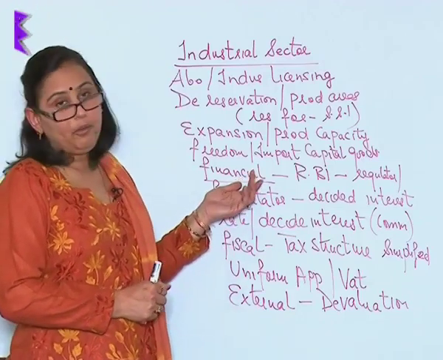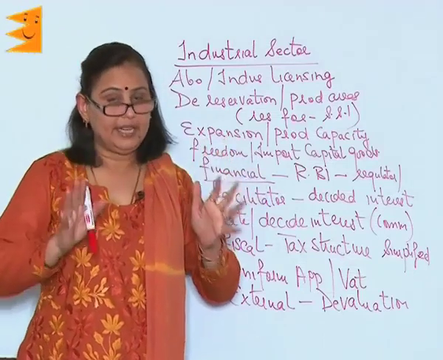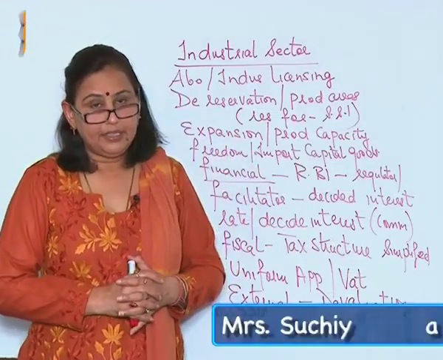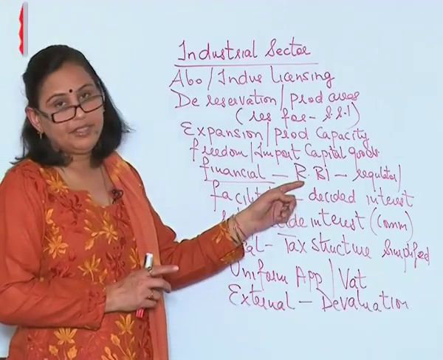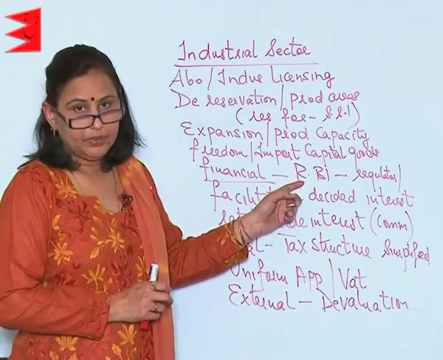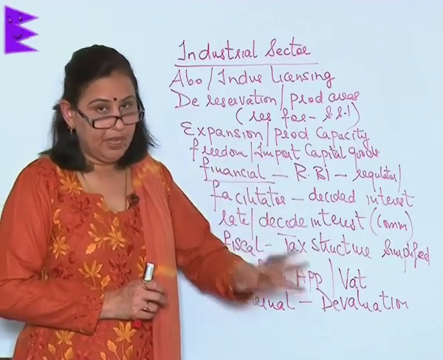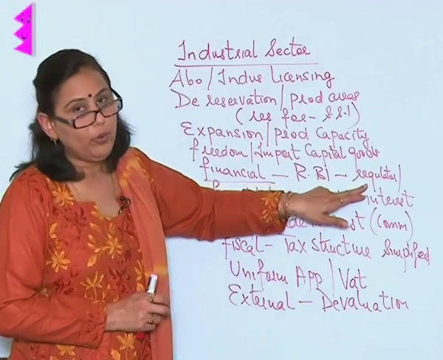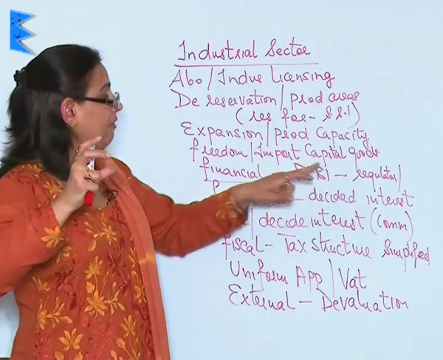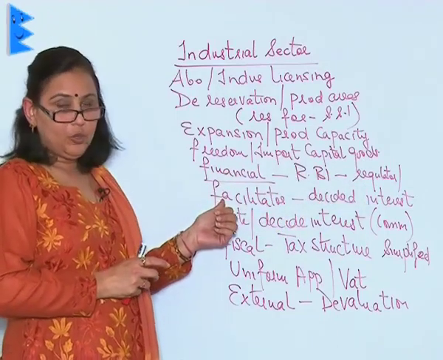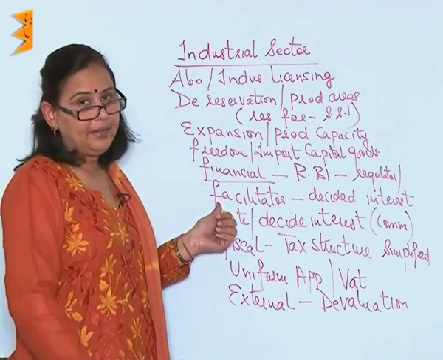The next reforms are in the financial sector. The financial sectors of India, that is the banks and the cooperatives, are all managed by the Reserve Bank of India. This Reserve Bank of India before 1991 acted as a regulator, the one who regulates, holds, but after 1991 it took the shape of a facilitator, a helping hand.